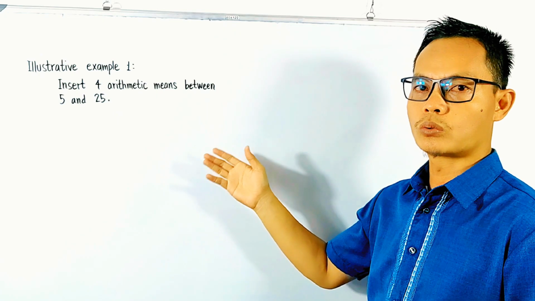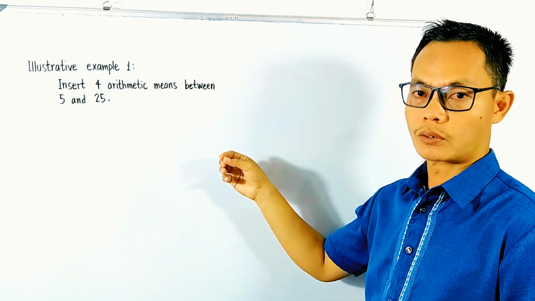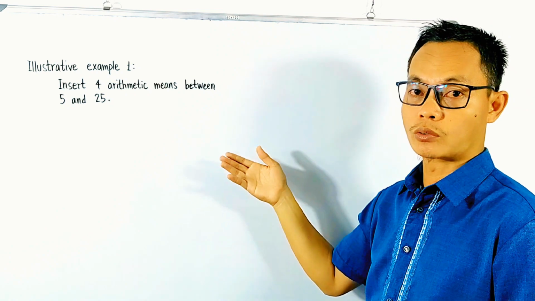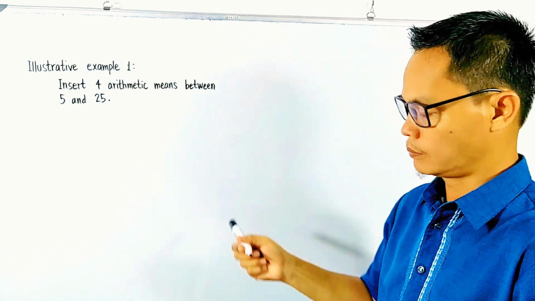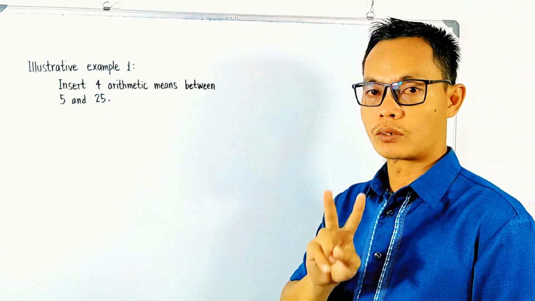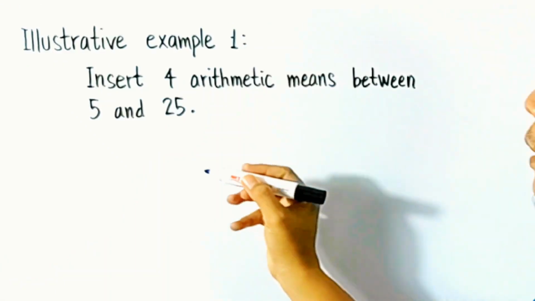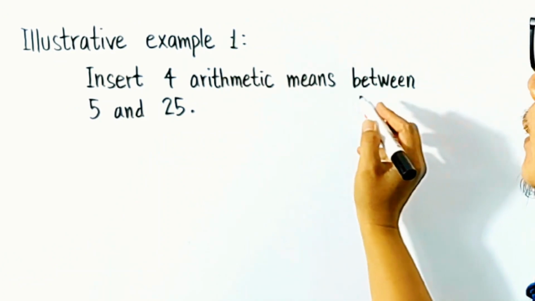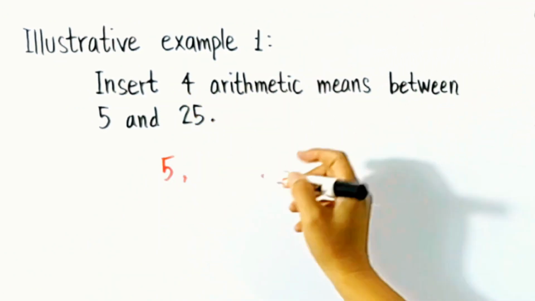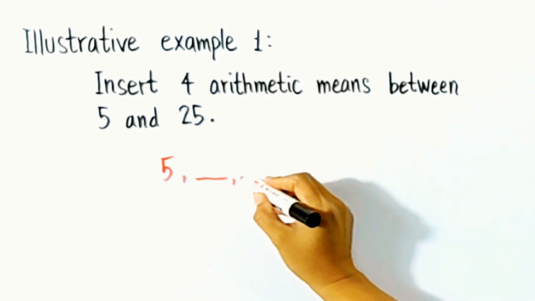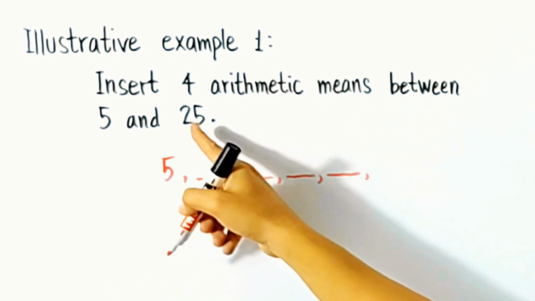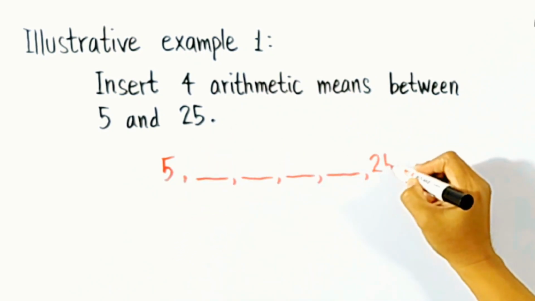We need to write a representation or illustration to make this problem clear for us to solve. Here is the illustration. We are going to insert 4 arithmetic means between two non-consecutive terms. Meaning, we have 5, followed by 4 arithmetic means, 1, 2, 3, 4, before the last term 25.